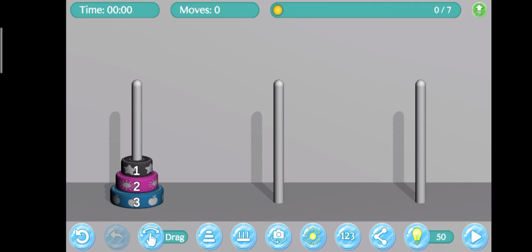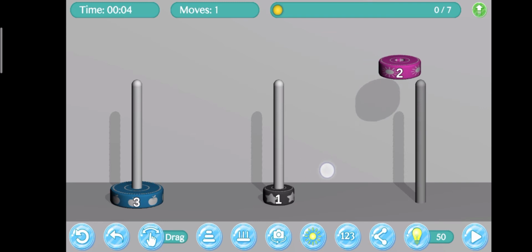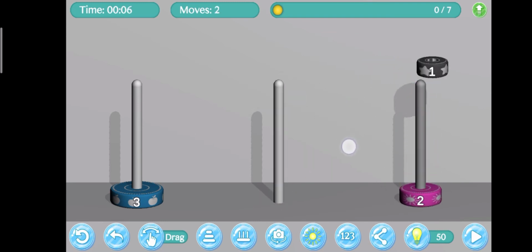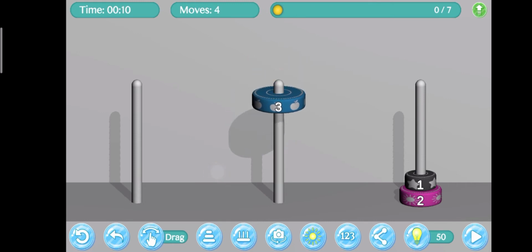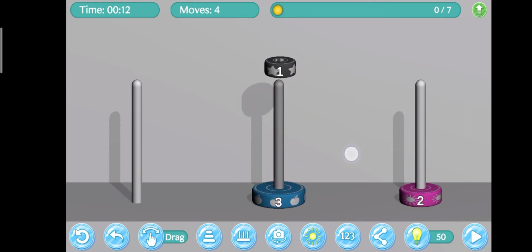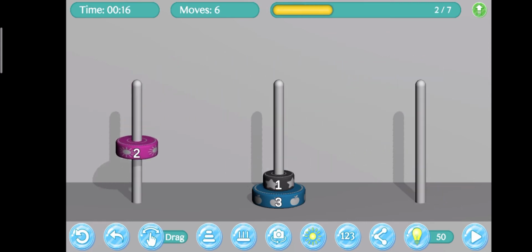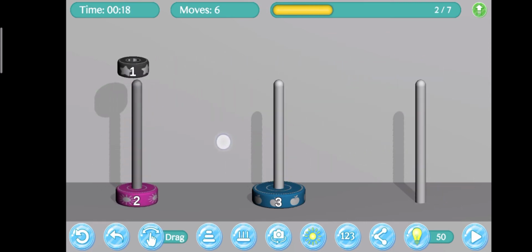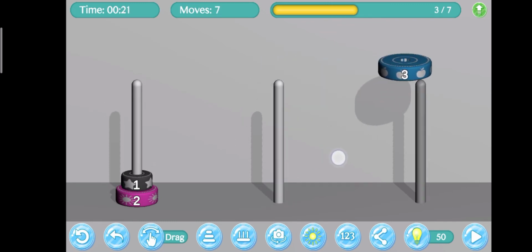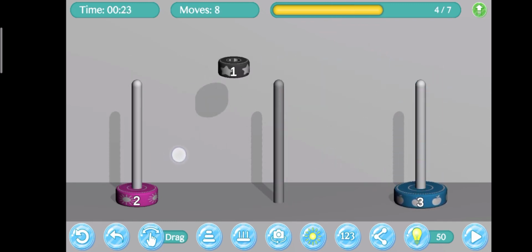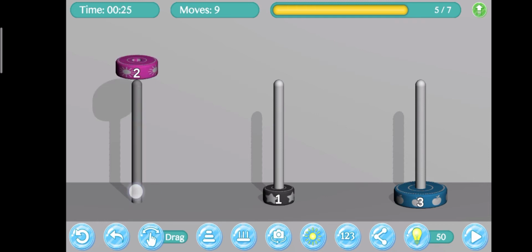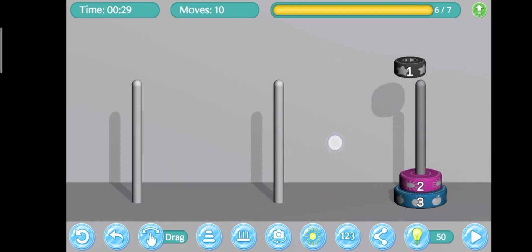So, let's try. First, let's put the first disc on the middle, the second disc on the third pole, the first disc on the third pole, the third disc on the middle, the first disc on the middle, the second disc on the first pole, then let's put it there, the third disc on the third pole, then let's put it there, the second disc on the third pole, and okay.